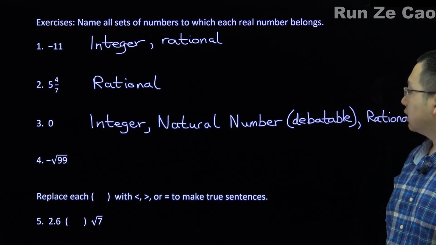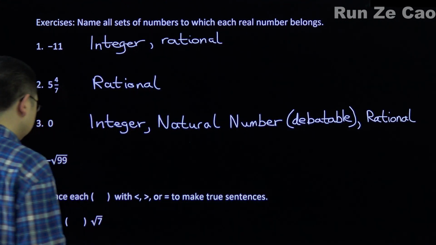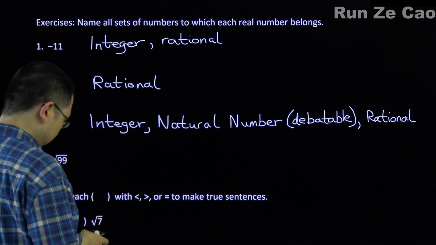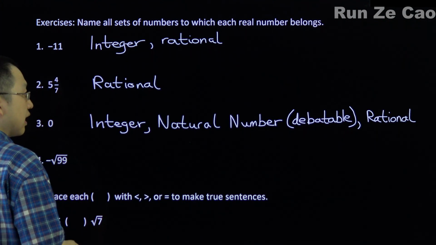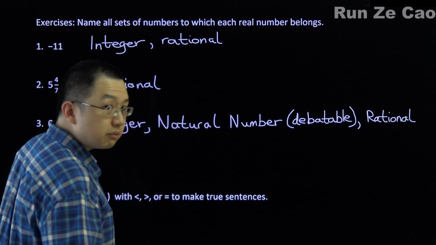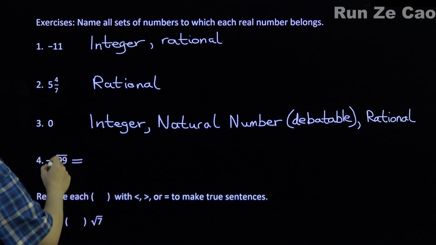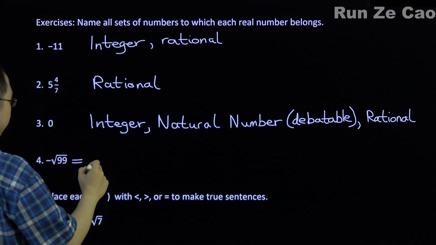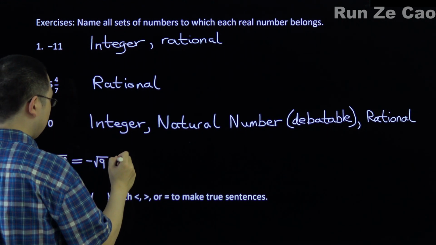And, well, what about negative square root of 99? If you try to enter this into your calculator, you would find that it is an infinitely long, non-repeating decimal. We also know that square root of 99 is equal to square root of 9 times square root of 11.